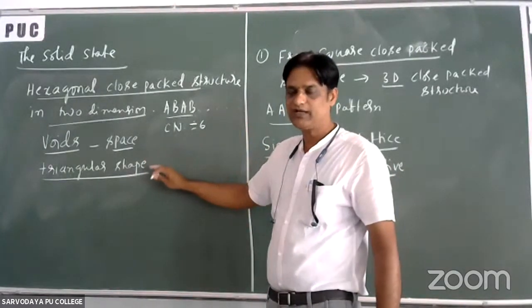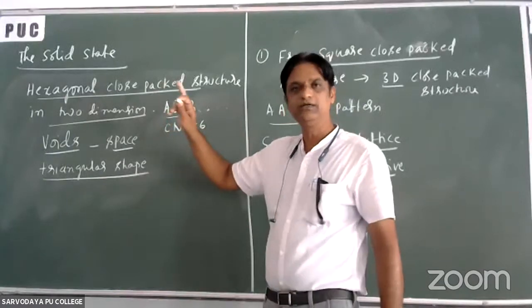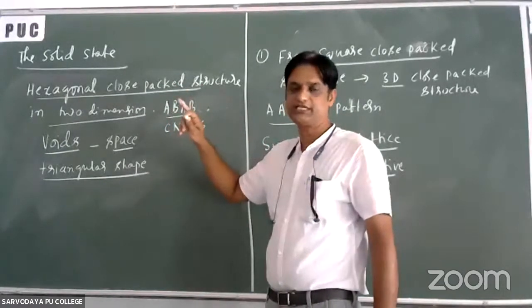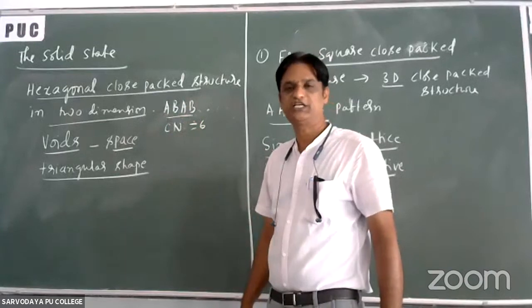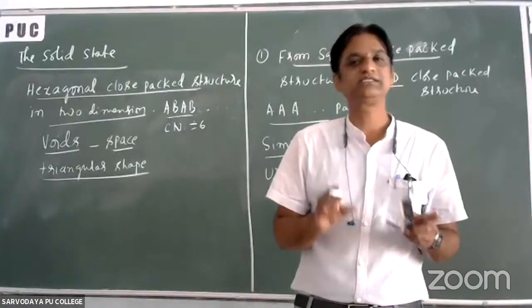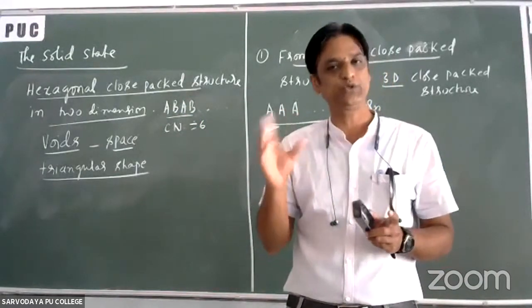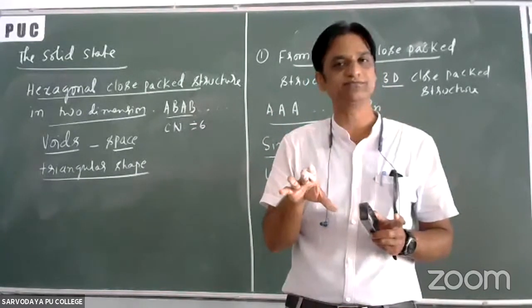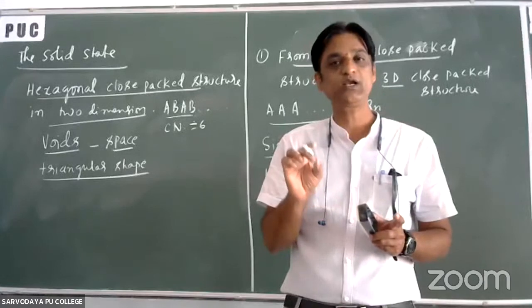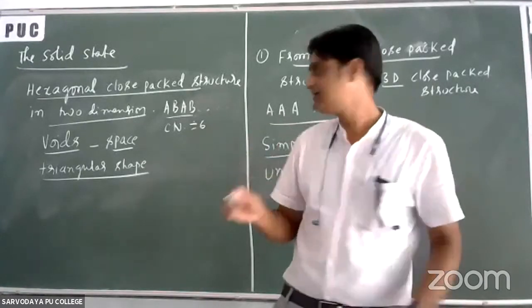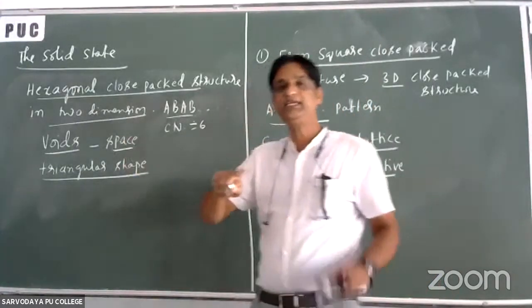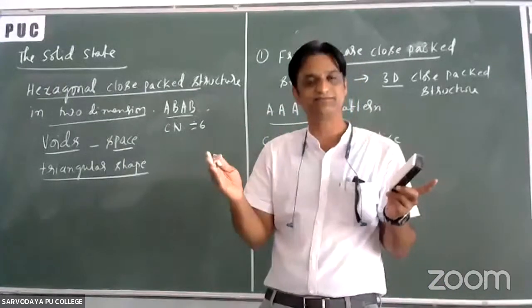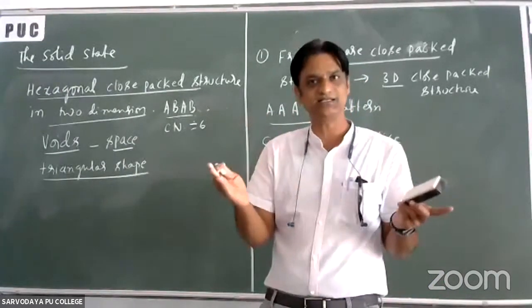Okay. So this is one more point I have to remember with respect to hexagonal close packed structure in two dimension. See, if you observe square close packed structure in two dimension and hexagonal close packed structure in two dimension, in case of square close packed structure the space between the spheres is larger. Voids are larger.